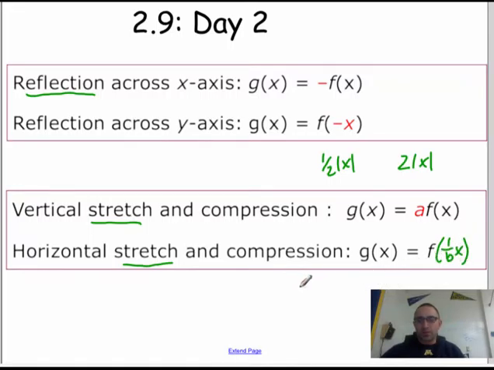So notice, if I want a horizontal stretch of 2, it would be 1/2 x, and a compression of 1/2 would actually be 2x. So when you're doing horizontal, you really got to think about the reciprocal.